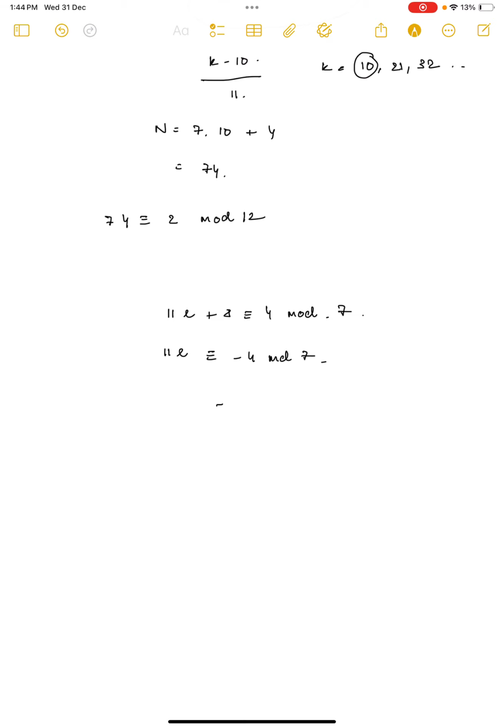Now minus 4 is basically plus 3. Minus 4 is congruent to plus 3 mod 7. Thus 11l is congruent to 3 mod 7.